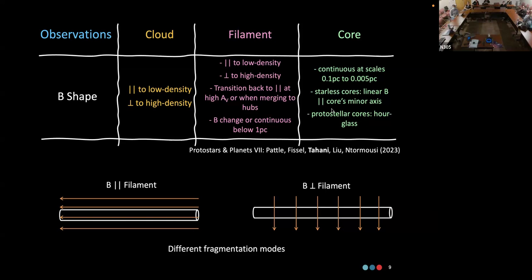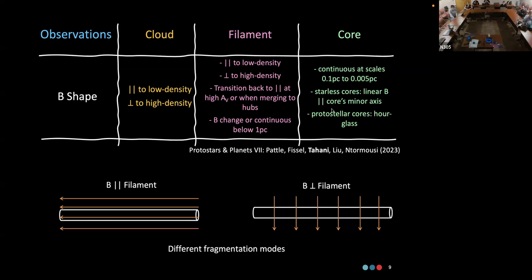So if we have the filament and the magnetic field parallel to each other, it can resist the radial contraction or radial collapse of the filament, and vice versa. If we have magnetic fields perpendicular to filaments, it can resist the contraction along the main axis of the filament, or fragmentation in this scenario.